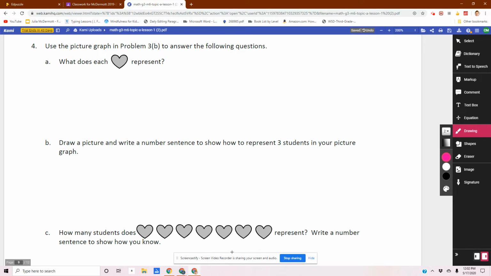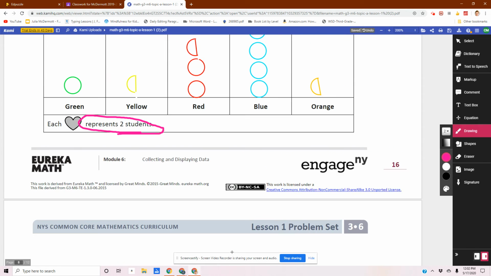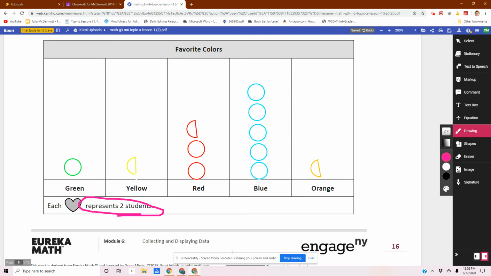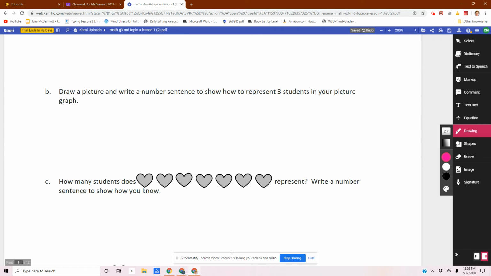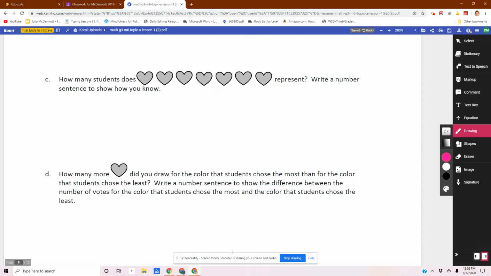So now we can look at our graph to answer the following questions. How many students does this many hearts, 1, 2, 3, 4, 5, 6, 7, represent? Well, I can do this by counting by 2s to make it easier for myself. So in actuality, it's actually 2, 4, 6, 8, 10, 12, 14.